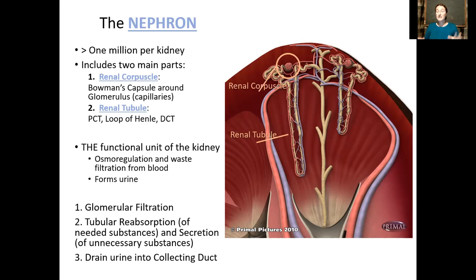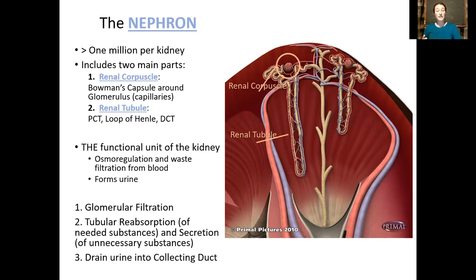Okay, there are several functions that occur, of course, over the entire length of this nephron. And first of all, we have glomerular filtration, right? So stuff is going from the blood into the catcher's mitt of the Bowman's capsule. Bowman's capsule is catching all of those things that we're going to filter out of the blood. And then we play with it.